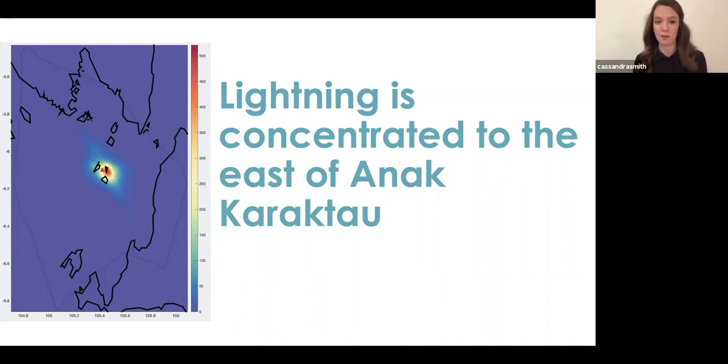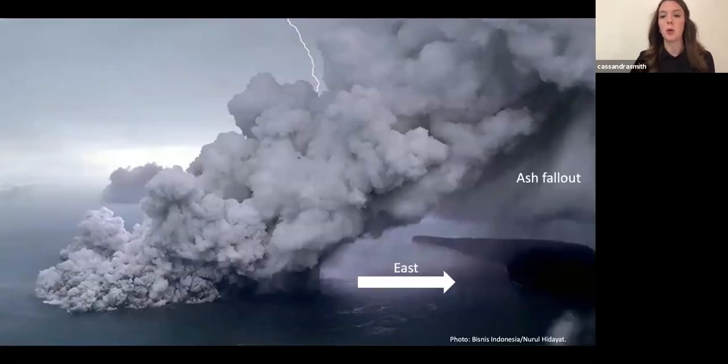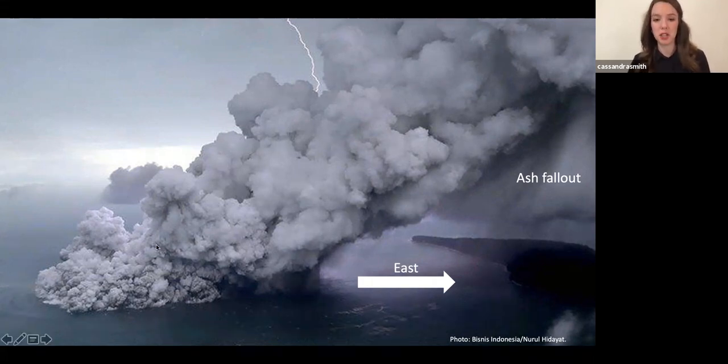So what we have with Krakatau, however, is some beautiful photography of the plume as it's forming. And what we see in this image here is that at low levels, the eruption column is actually being pushed to the east, and we clearly see ash fallout happening over this small island.